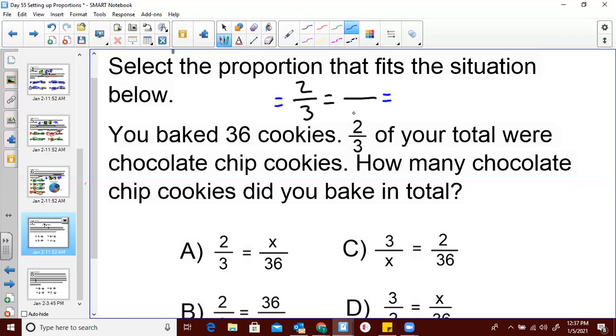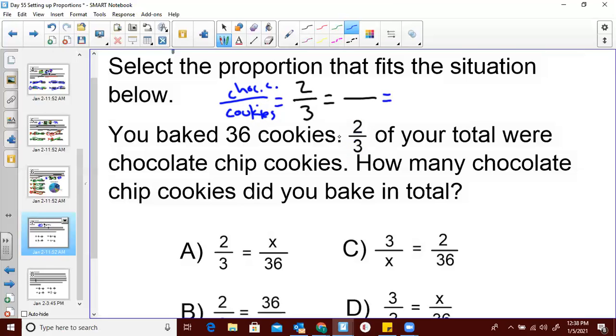All right, it's saying for every 3 cookies, 2 of them are gonna be chocolate chip. That's what 2/3 means. So your total is 3, and out of your total, you get how many were chocolate chip.